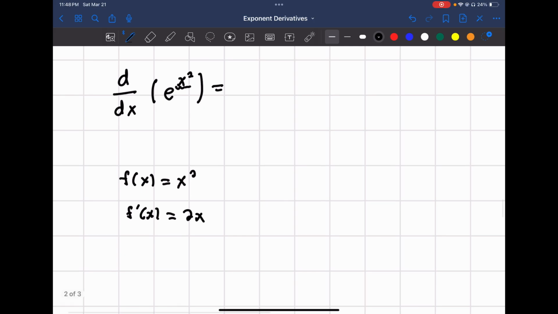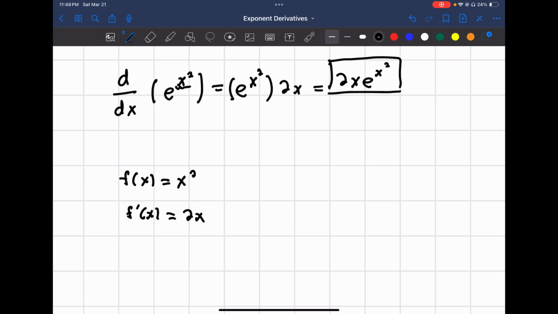So the derivative of e to the x to the power of 2 will be e to the x to the power of 2 times 2x. And let's rearrange this. So 2x times e to the power of x to the power of 2. And this will be our final answer.